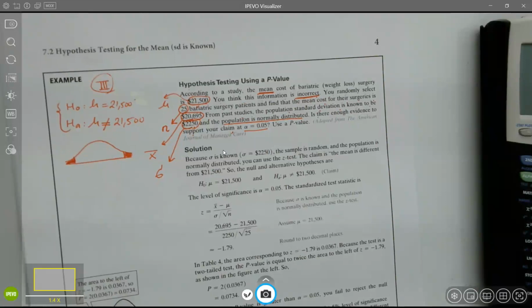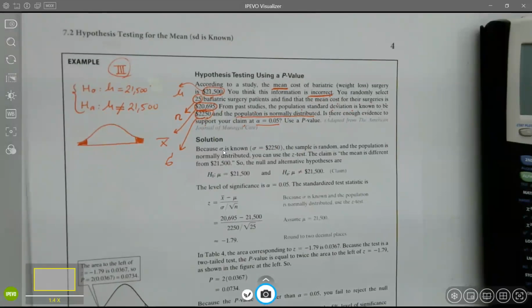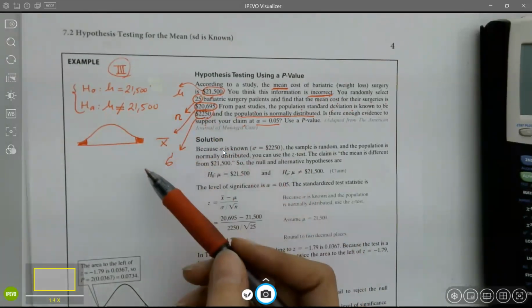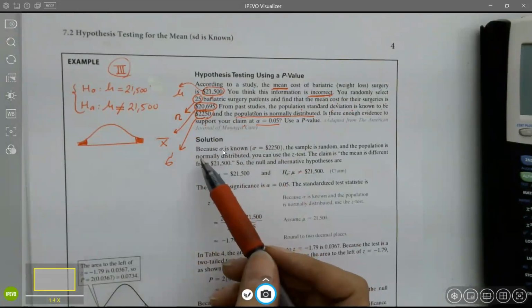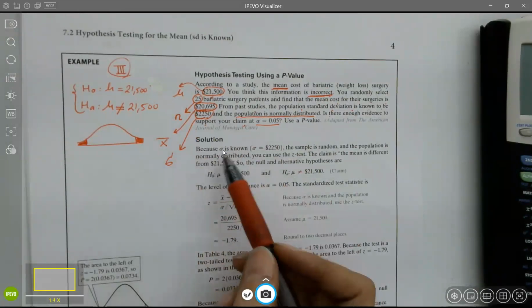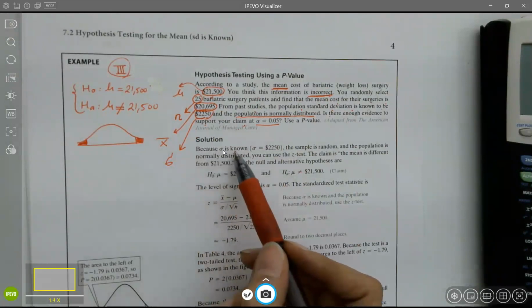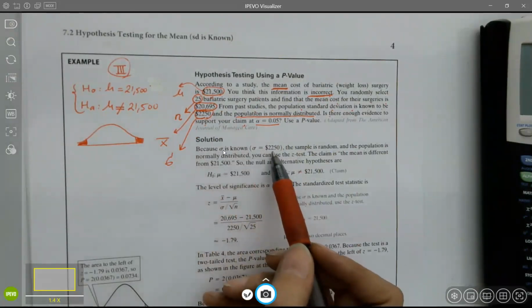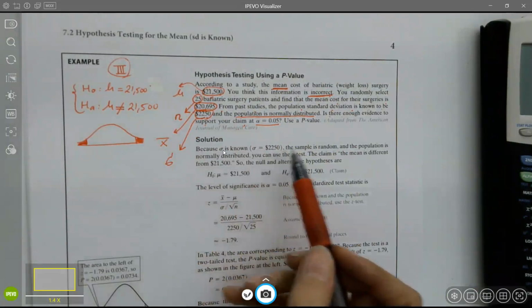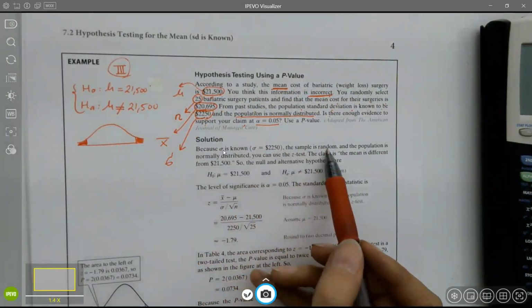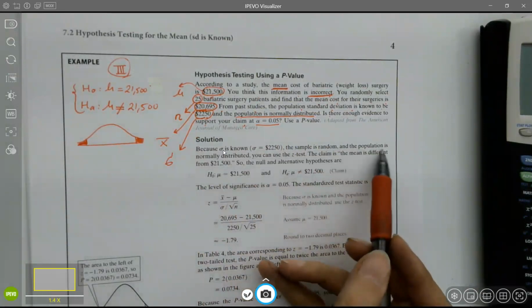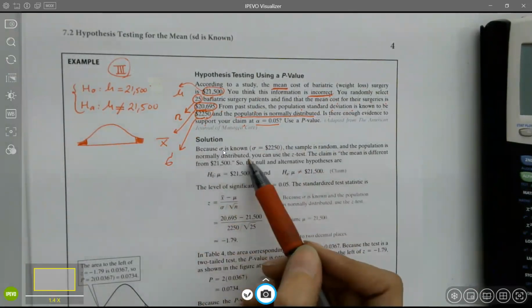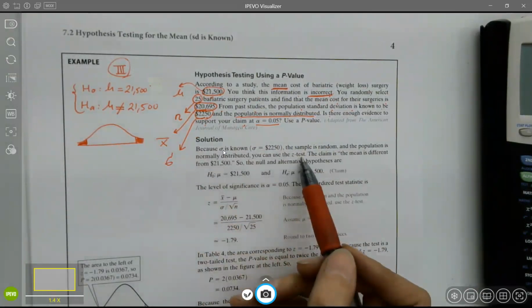So let us take a look at our document camera. This is the information that we have, and our detailed solution is: because sigma is known and is $2,250, and the sample is random, and the population is normally distributed, you can use the z-test.